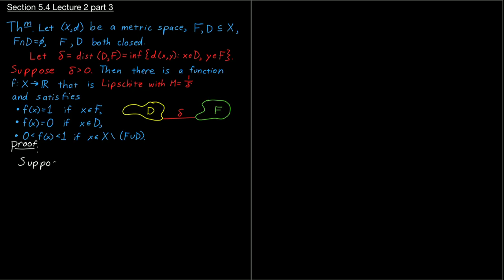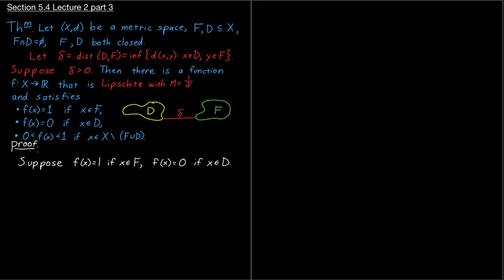So let's suppose f of x equals 1 if x is in our set F, and f of x equals 0 if x is in our set D.